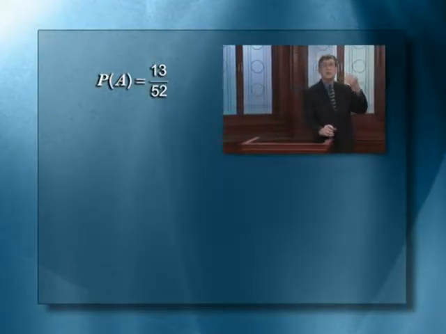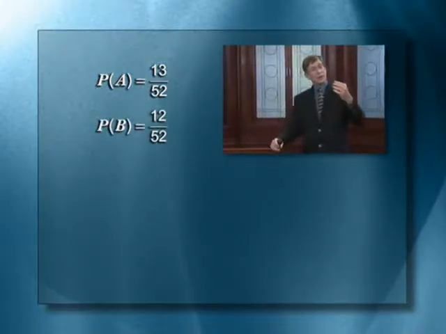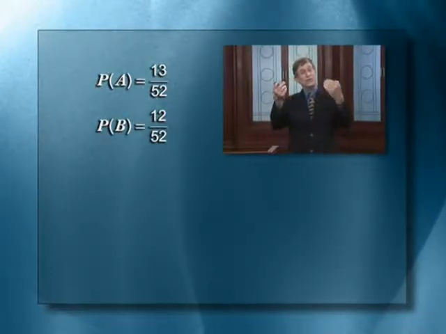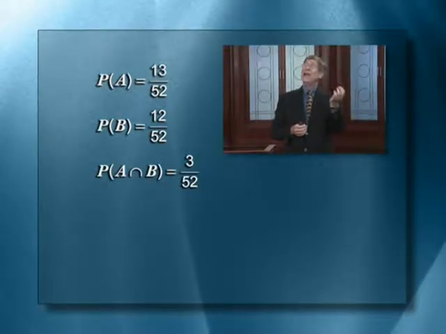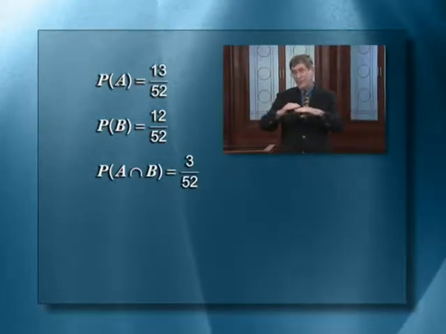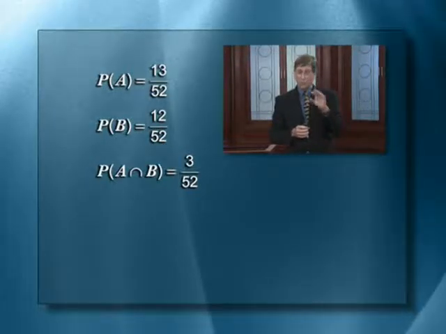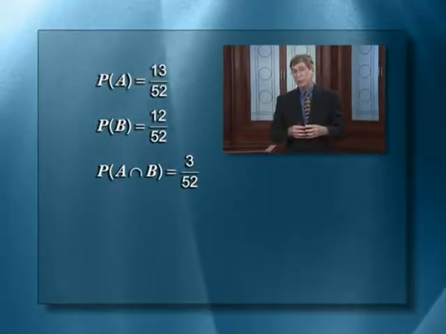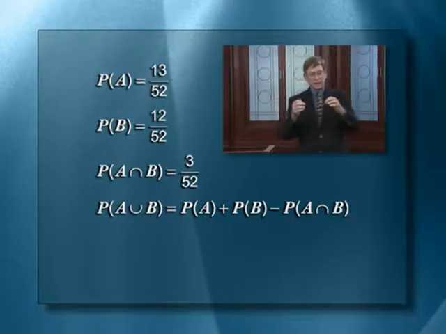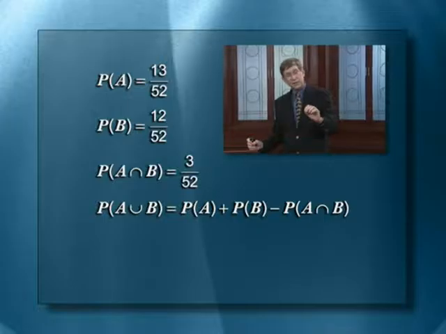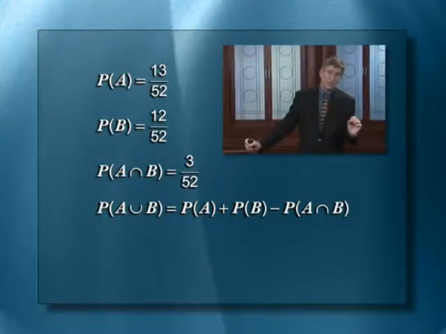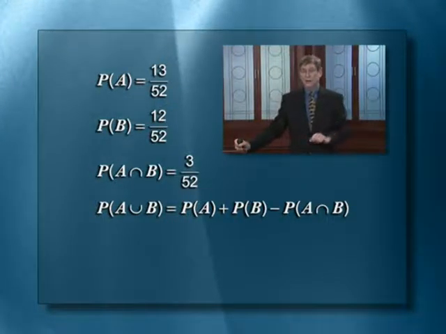All right, so let's answer the question. The probability of getting a heart, we discovered, was 13 over 52. The probability of a face card was 12 over 52. And the probability that it's both a heart and a face card, the overlap, is 3 out of 52. There are 3 cards that have both properties. So the probability of being a heart or a face card equals the probability of the first event plus the probability of the second event minus that overlap.